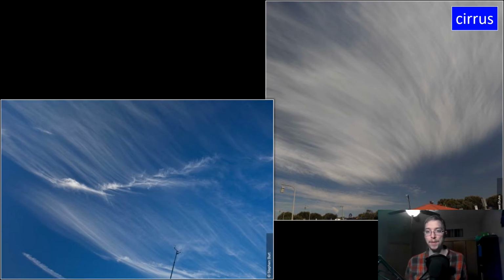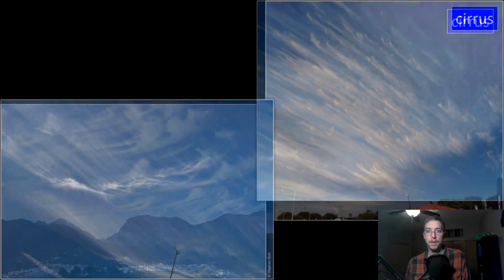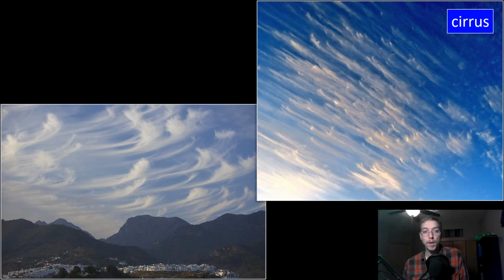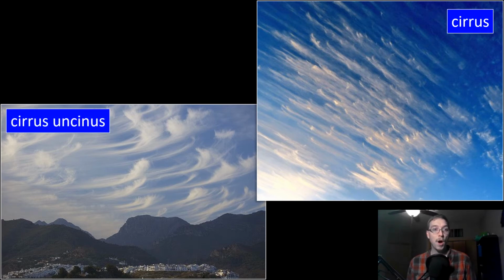Kind of makes sense. We can see more examples of cirrus clouds here, that really typical shape. There you go, our cirrus uncinus, or our mare's tails, very well shown in that bottom left image.